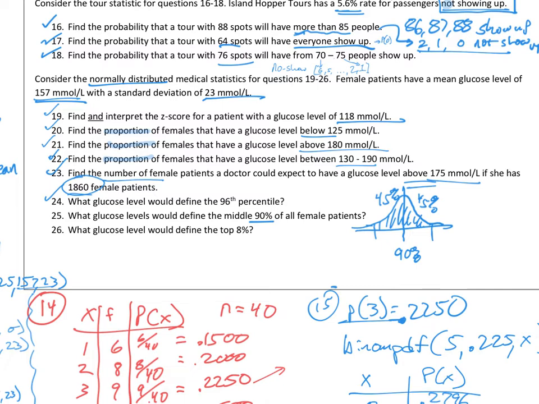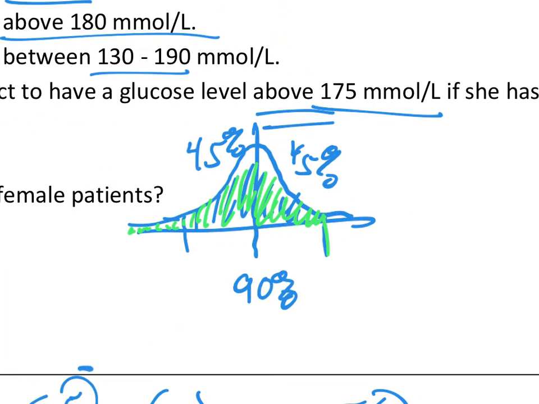Now, first of all, if we were to find the area all the way up to this 45% marker, that's going to be our inverse norm. And notice there's 50% on this side and 50% on the right.